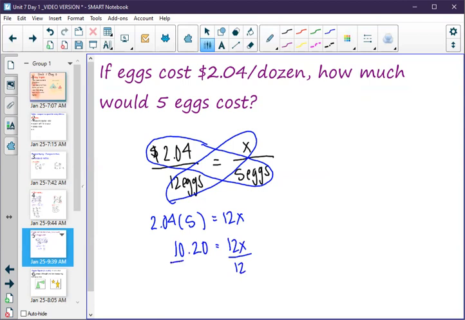I need to divide by 12, and that is going to give me x is equal to 0.85. Going back and answering the question in context, we would say 85 cents per 5 eggs.